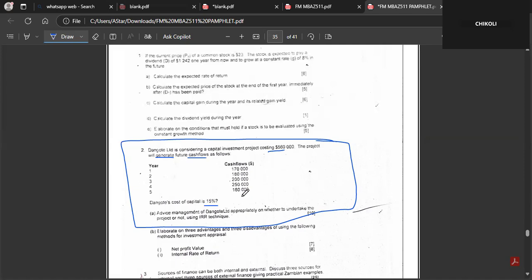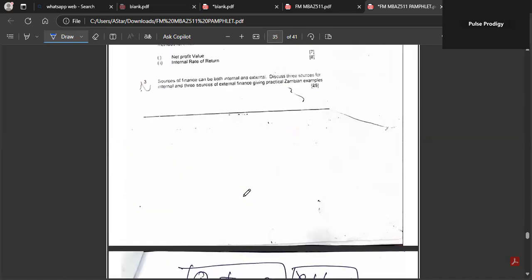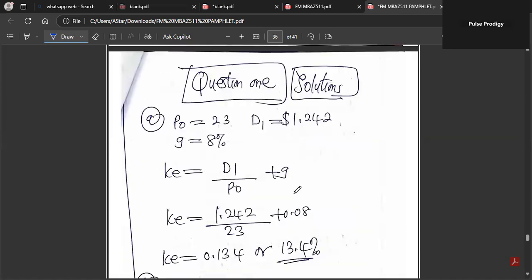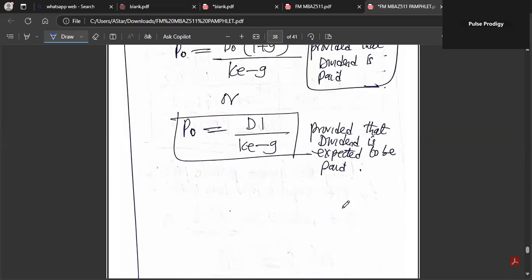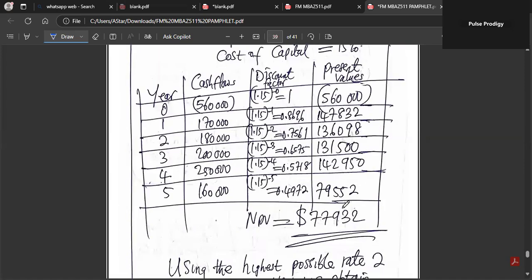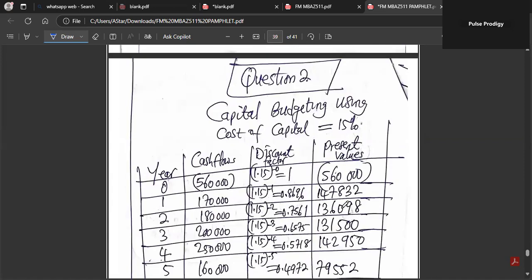So in question 2, it was 15%. So 560,000 at 15%, which is the same as 1 plus r to the power negative n, so 1.15 to the power negative n.